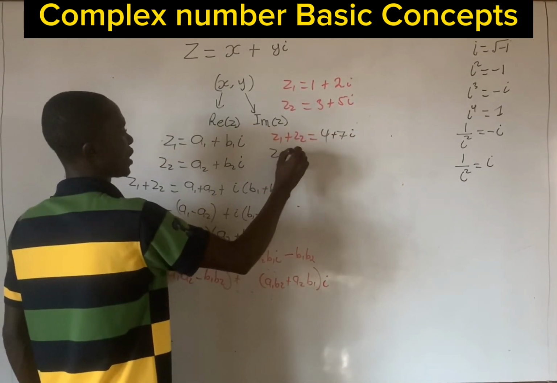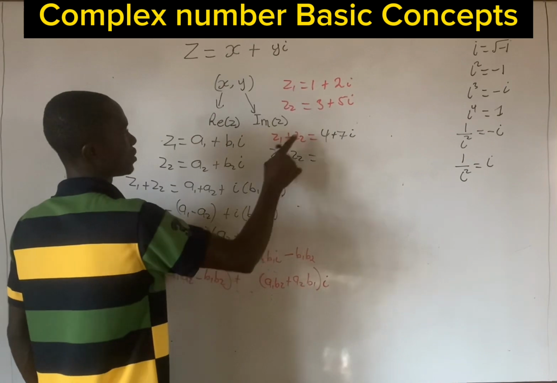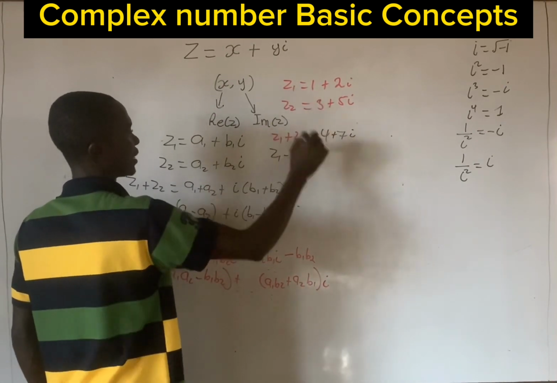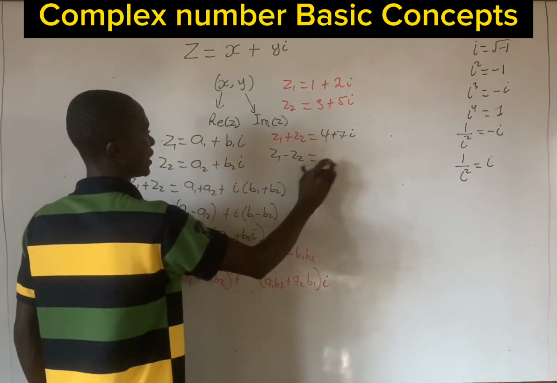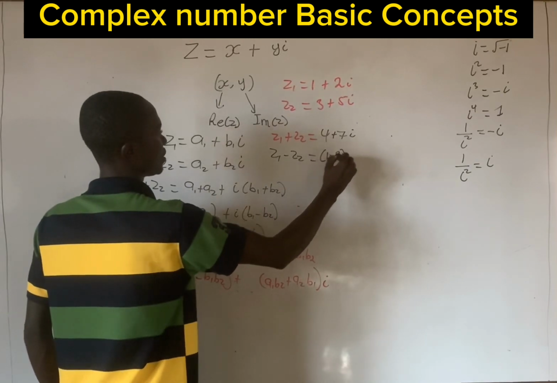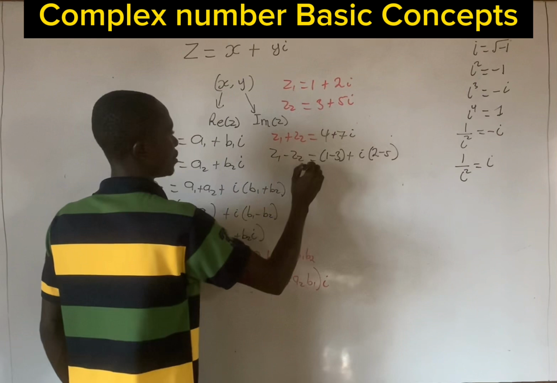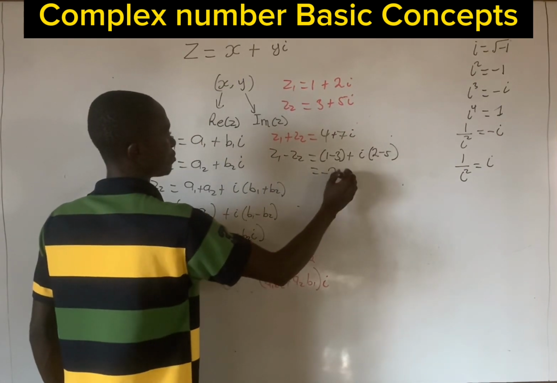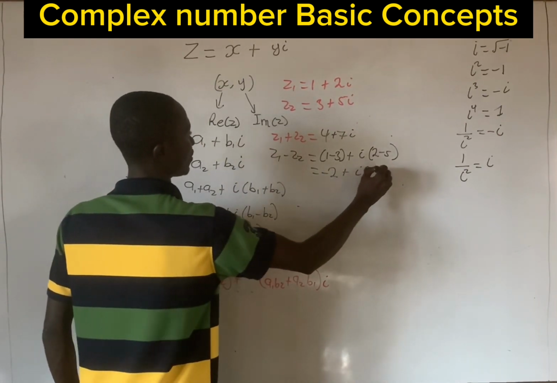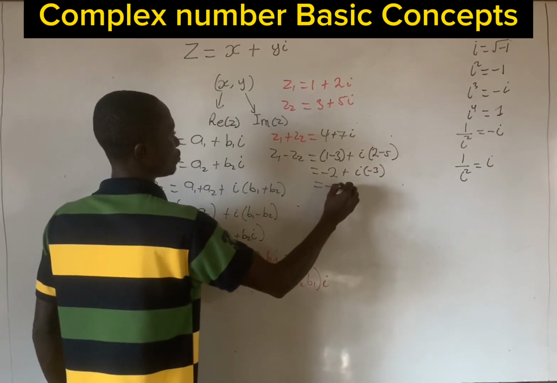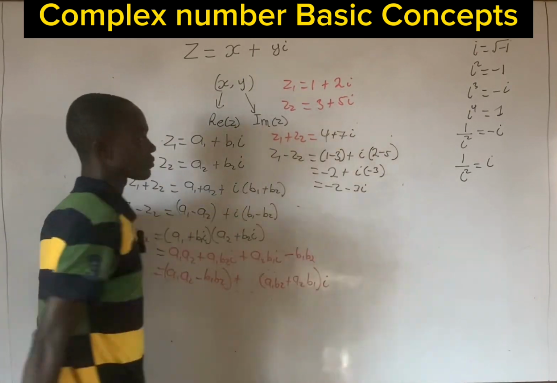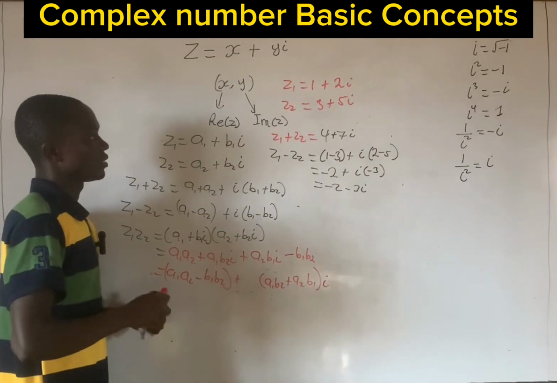Then z1 minus z2 will be 3 from 1, that is negative 2. That is like this: 1 minus 3 plus i times 2 minus 5. So this gives negative 2 plus i times negative 3. This gives negative 2 minus 3i, in a very simple way.